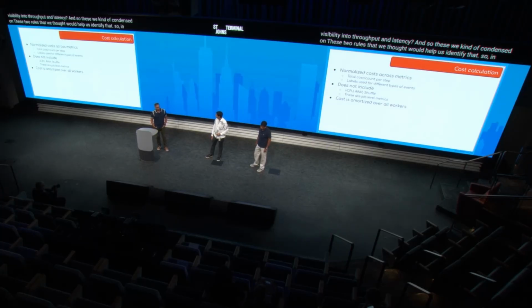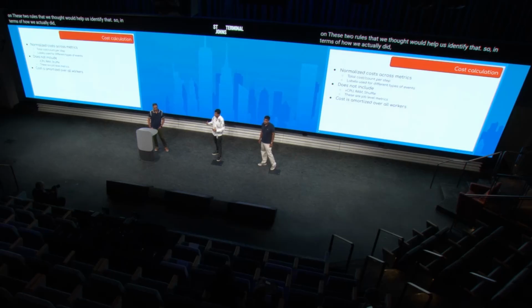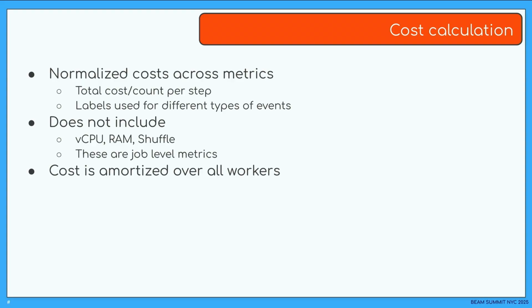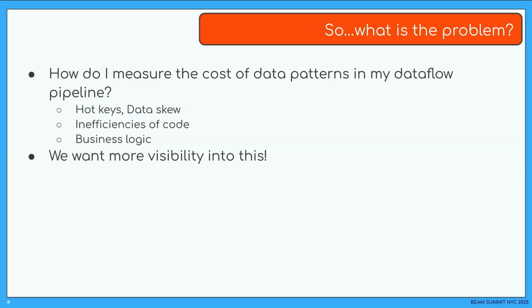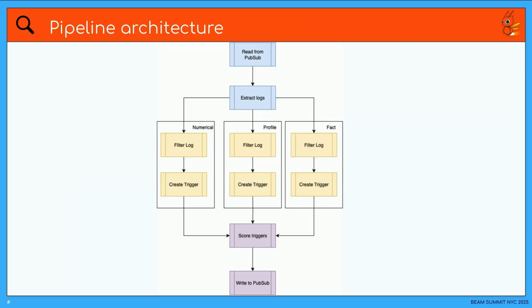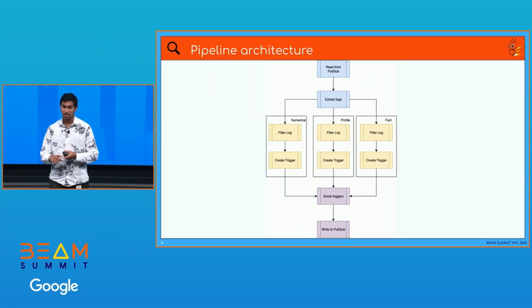So in terms of how we actually did this cost calculation, we basically had the total cost of a pipeline, and we were looking at dividing that by the count per step. When I refer to a step, I'm talking about DoFns. You can imagine, like a couple of slides back where Adi showed the pipeline, that this pipeline is actually much taller, but for example, at extract logs, I inserted these two lines of code that took the metrics, count and processing time.